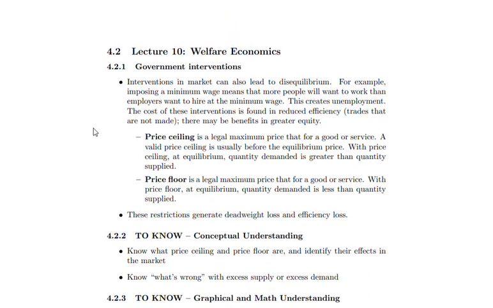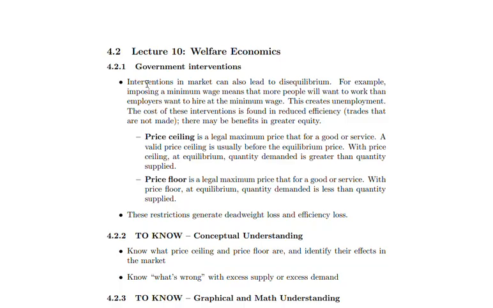Okay, so how can government interventions affect our markets? Interventions in the market can also lead to disequilibrium. For example, imposing a minimum wage means that more people will want to work than employers want to hire at the minimum wage.